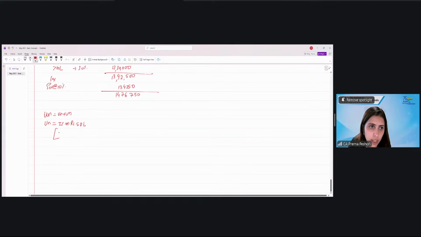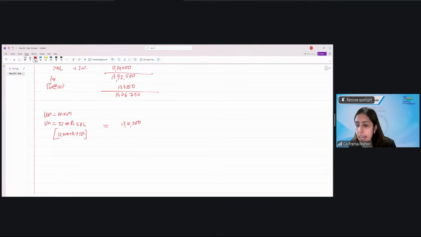So what is the total income tax payable on 50 lakh? 12,500 plus 1 lakh plus 12 lakh beyond 10 lakh, which is coming to 13 lakh 12,500. So if my income was 50 lakh, I would have paid the tax of 13 lakh 12,500.